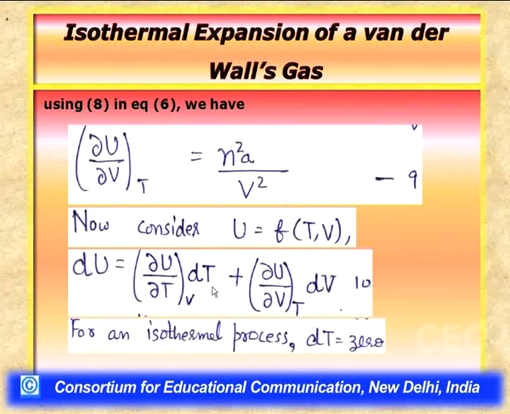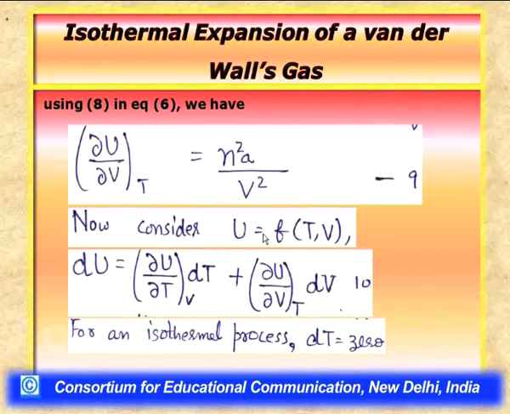Now, since under the isothermal process we are considering this expansion, dT is equal to 0. So, the first term on the right hand side of the dU expression is equal to 0, and the second term involves one partial differential coefficient, delta U by delta V at constant T, which from equation 9 has the value n square a by V square.